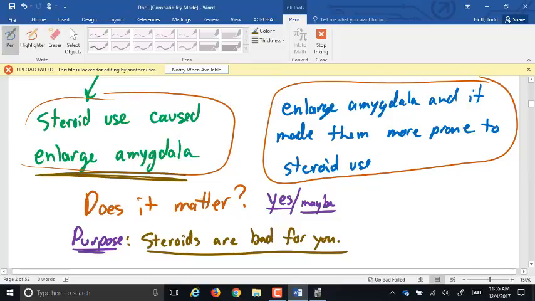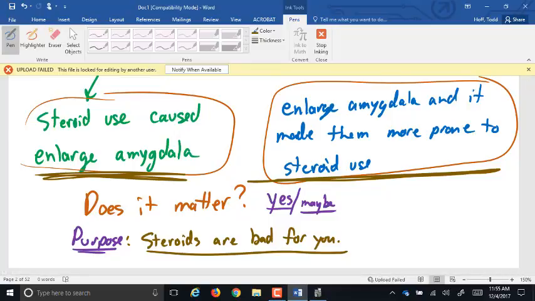If this were true, does it support that statement that steroids are bad for you? Yes. Well, the enlarged amygdala caused the steroid use. It's not showing that the steroid use had any ill effects on your body. The ill effect was already there, and it caused you to be more likely to use steroids.